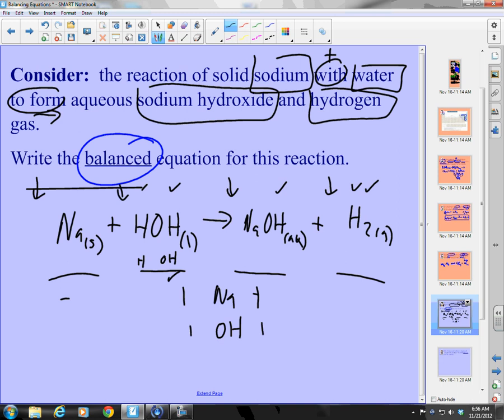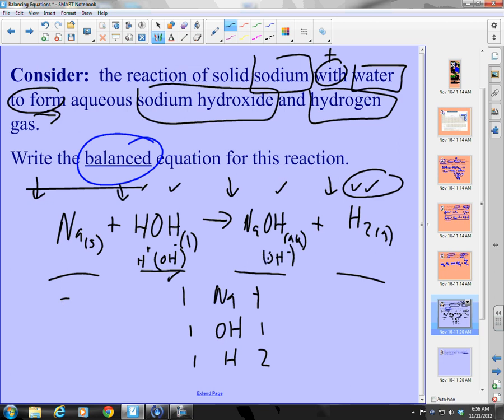Now I look at my hydrogens. I have 1 hydrogen here, and how many hydrogens do I have over here? I've got 2. So it looks like my hydrogens are not balanced. Now, do you see the subtlety of what I did? I said, consider the water as being made up of H plus and OH minus. Okay, cool. And that means I already have an OH minus over here.